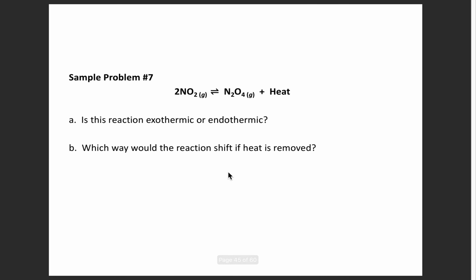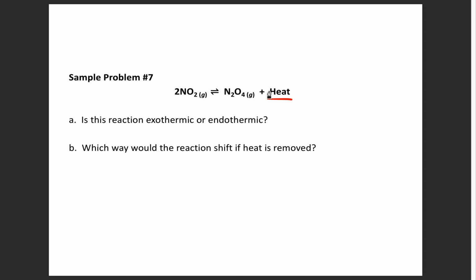So let's take a look at sample problem 7. Now, they gave us the chemical equation, and notice what they did. They put heat on the product side. So A, is this reaction exothermic or endothermic? Okay, again, pause the video if you want, take some time, think about this, and then come back. So is this reaction exothermic or endothermic?